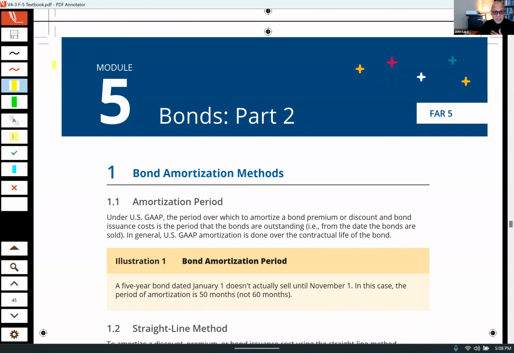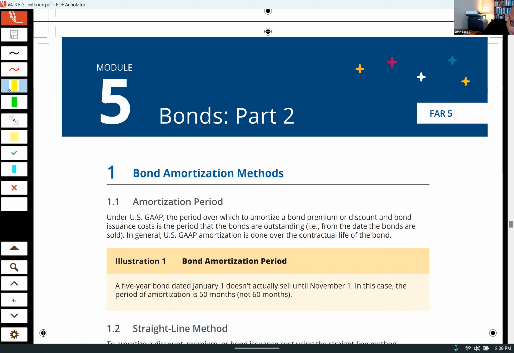Amortization of premium and discount still have the same effect on the interest expense and the carrying value, but the method of coming out with that amortization is a little more involved. And you will see questions like that on the exam, either in multiple choice questions or very likely a task-based simulation. Don't forget, guys, I said last time that bonds constitute a 10-point area on the exam, long been a heavy area on the exam.